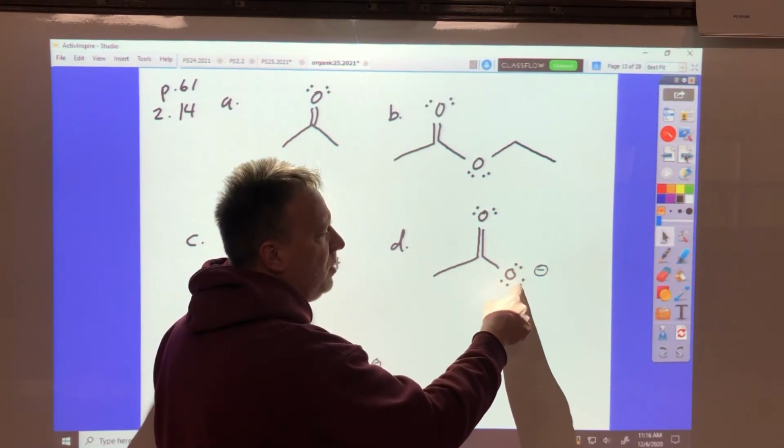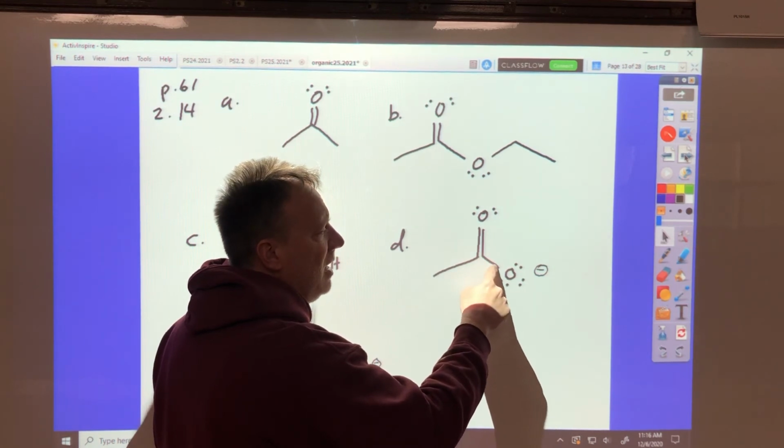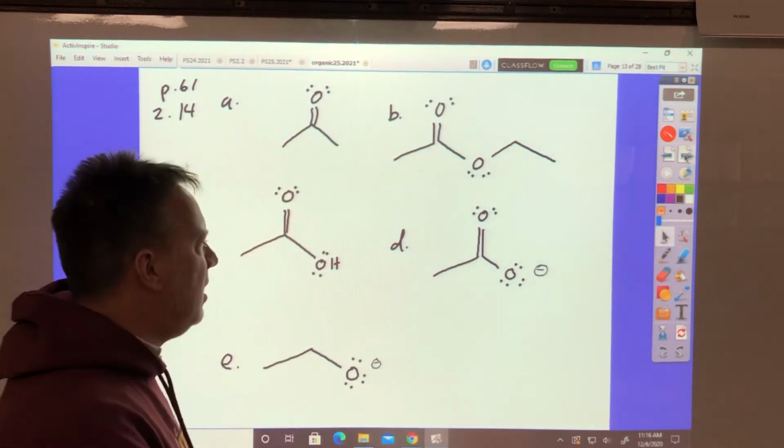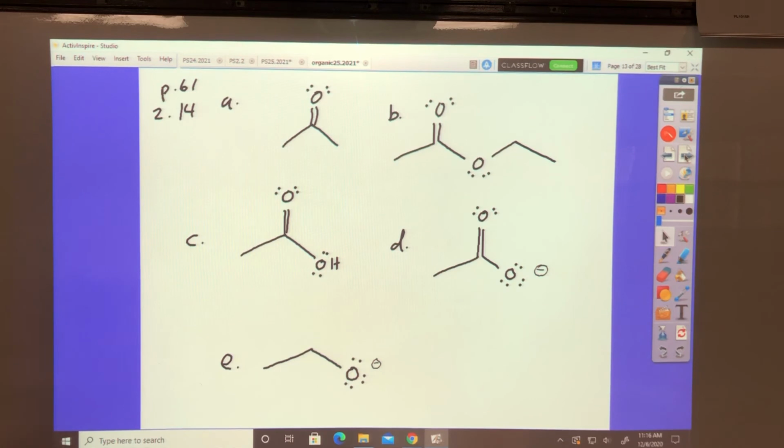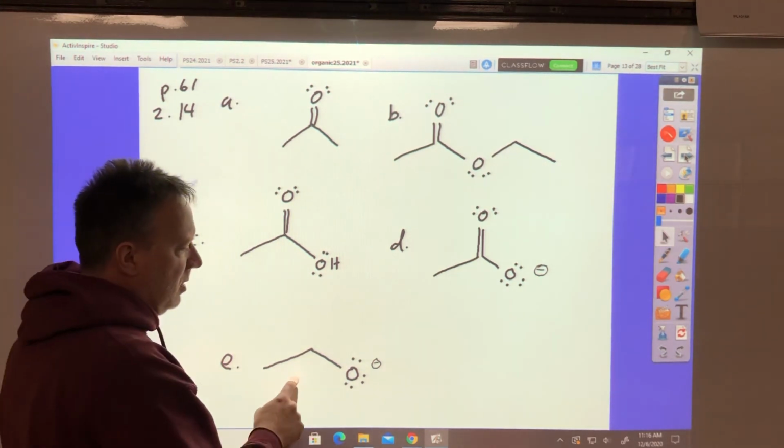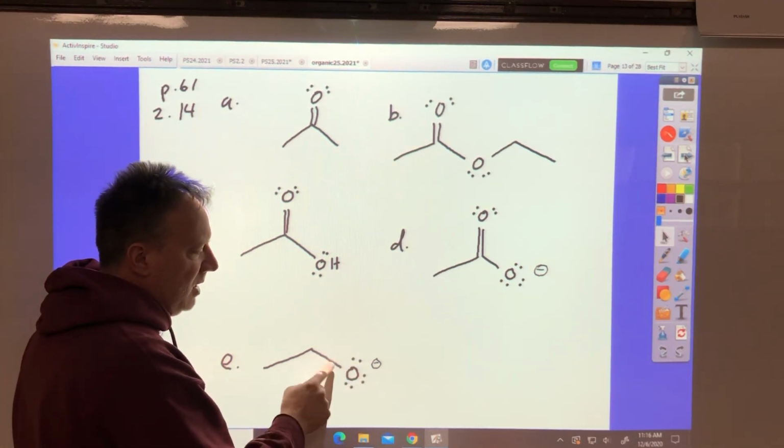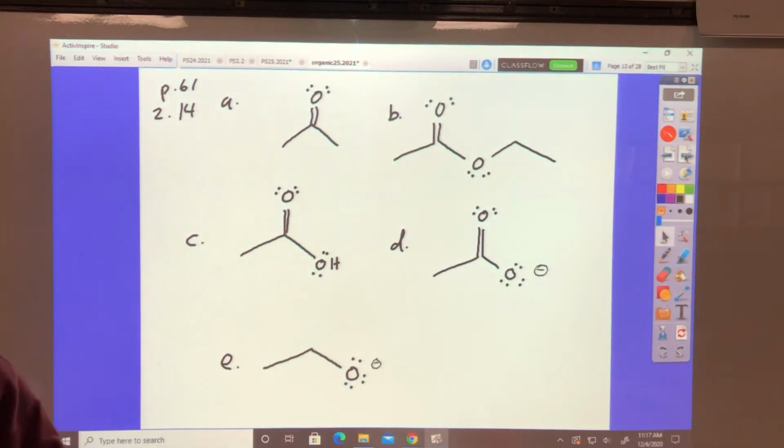Here we got 1, 2, 3, 4, 5, 6, 7. So I've got a formal negative charge there for D. And E has a formal negative charge, so it's 1, 2, 3, 4, 5, 6, and 7 there. Going on, and then we'll go to another video.